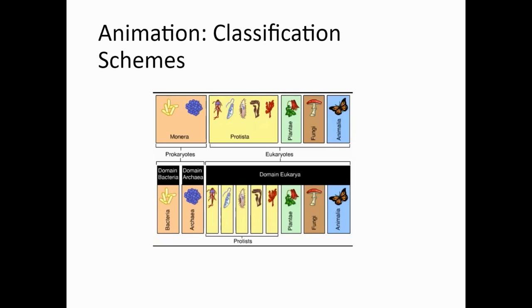The 2 domains of prokaryotes are bacteria and archaea. The domain eukarya encompasses all of the kingdoms of eukaryotes. Taxonomists are in the process of sorting out various kingdoms of prokaryotes within the domains bacteria and archaea, and also splitting the protists into several kingdoms within the domain eukarya.